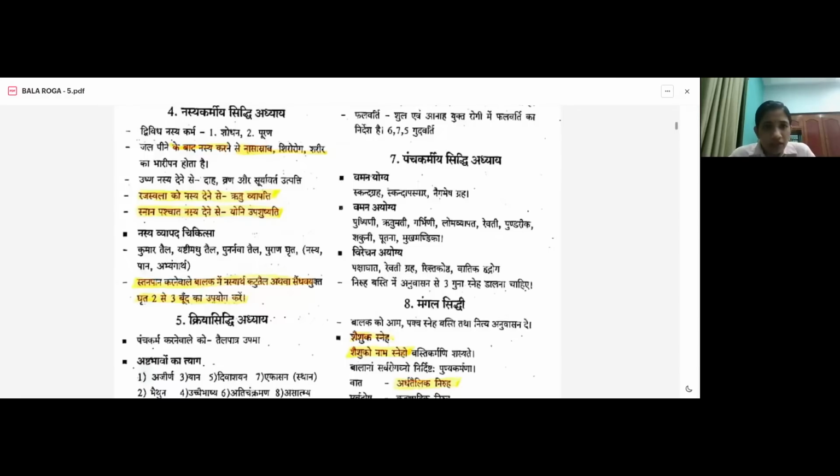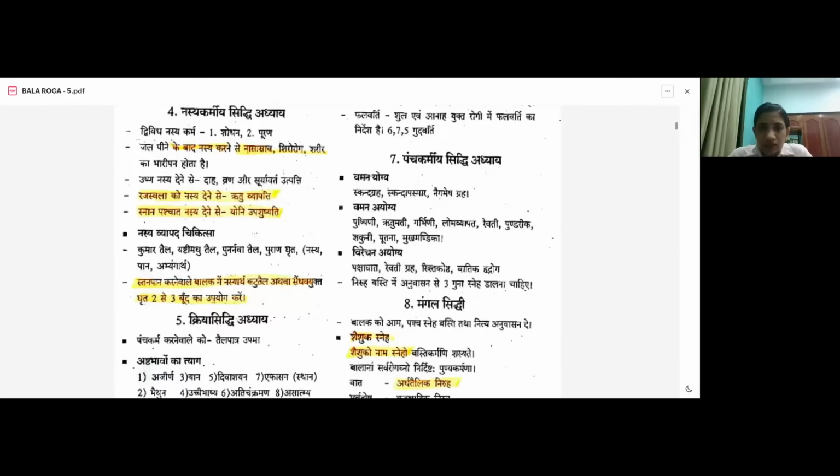In this chapter two types of Nasya Karma are explained, that is Shodhana and Purana. And also, Jala pane ke baad Nasya karne se Nasa Srav, Shiro Rog, Sharir ka Bharipan hota hai. So these are the symptoms produced after drinking cold water after Nasya.